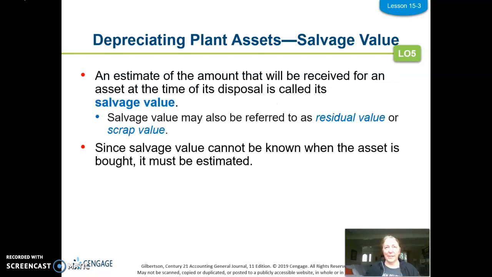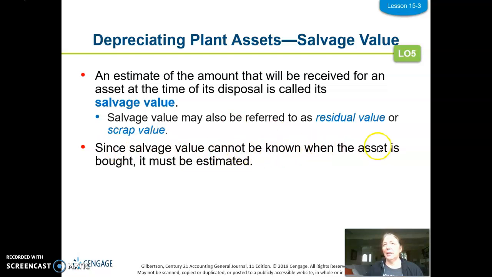Then we have salvage value. Salvage value is an estimate of the amount that will be received for an asset at the time of its disposal. So salvage, disposal, residual, scrap, that's all the same thing. So what's the amount that we could receive at the end of its life or when we're disposing of it?